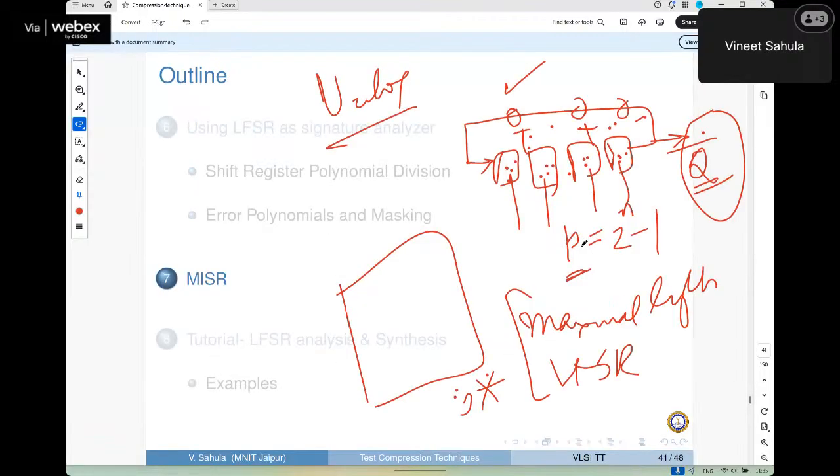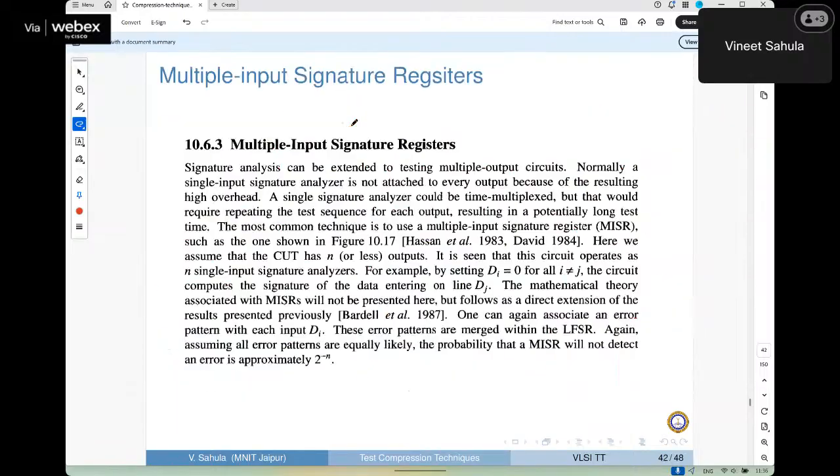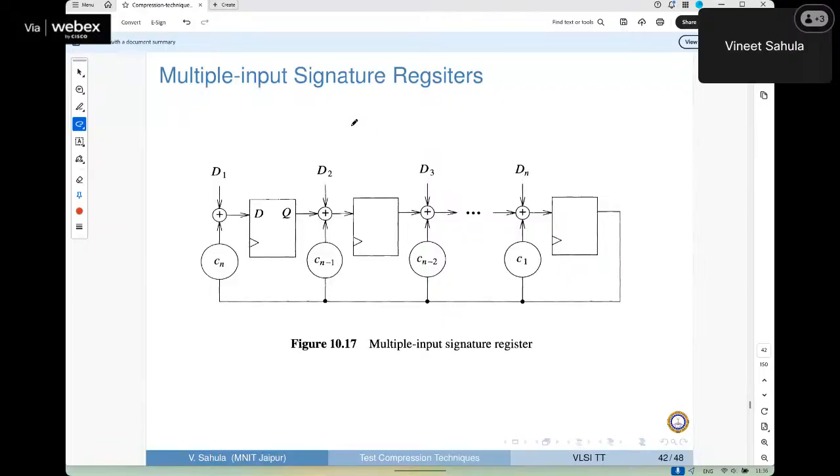And sometimes what has happened is I have a 1 bit sequence, I'm using one LFSR. I have another bit sequence, another circuit, I have another LFSR. So if I have so many circuits, I need so many LFSRs. The solution is just have one LFSR and bring these in sequentially. Pattern 1, pattern 2 afterward, pattern 3 afterwards. And that becomes a multiple input signature register.